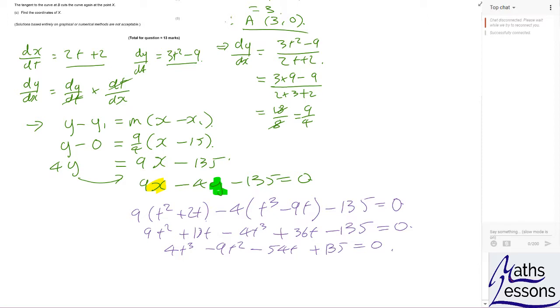So we need to try and factorize this out, and it's not easy to factorize, I'll give you that. So how would you do that? You would try and look at factors of 135 and see what could go into that, and actually 9 and 15 seem to go into that. How would we factorize this easily?